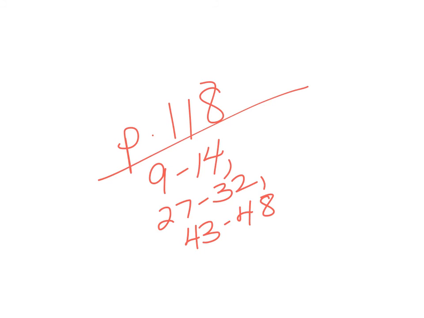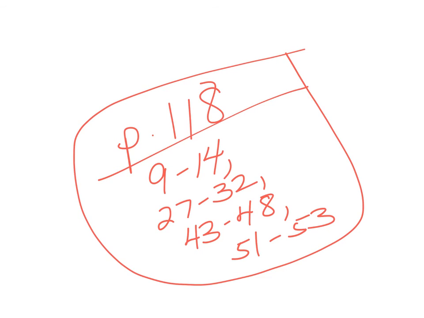And 51 through 53, they mix them up. They throw some equations in, some greater thans, some less thans. So there you go. That's a wrap on 2.7.